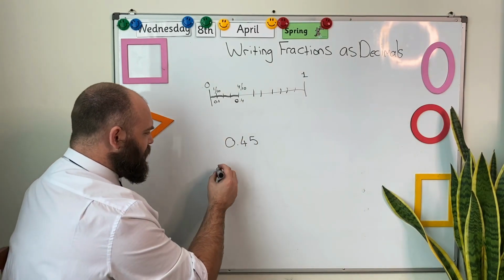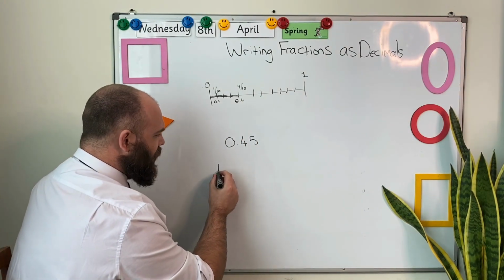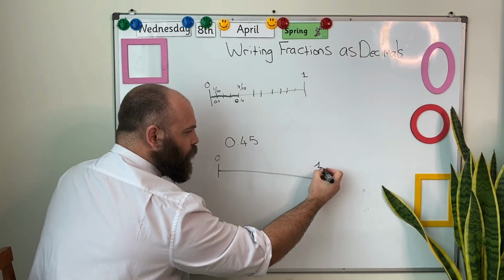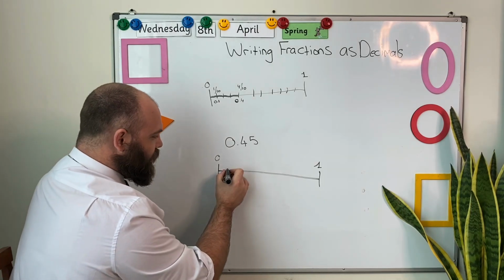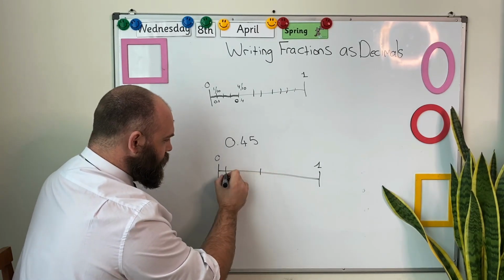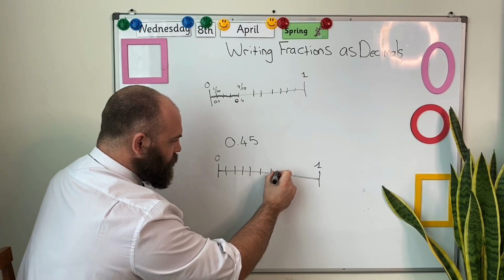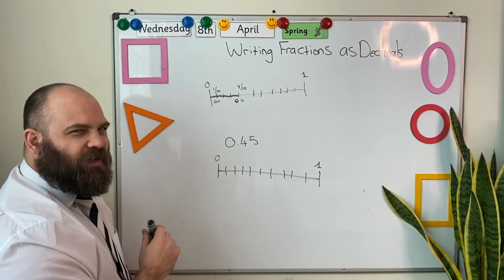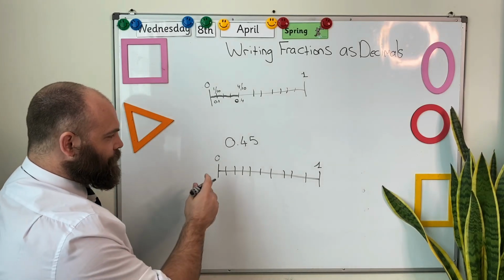100 pieces just yet. So if we had our number line again, starting at 0, ending at 1, and we split this up into 10 equally sized pieces, where do you think 0.45 would be?